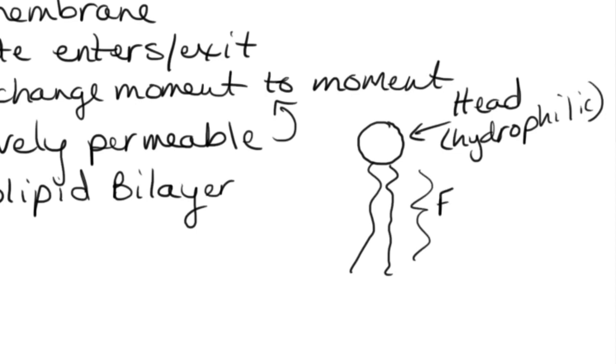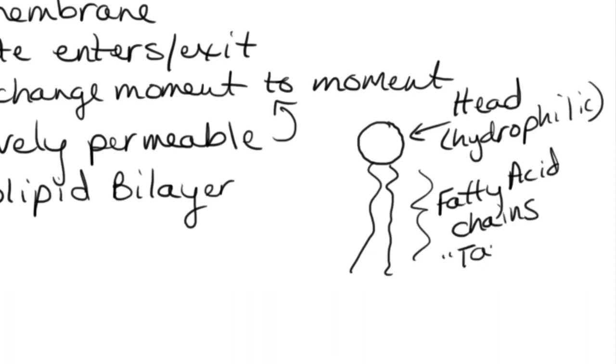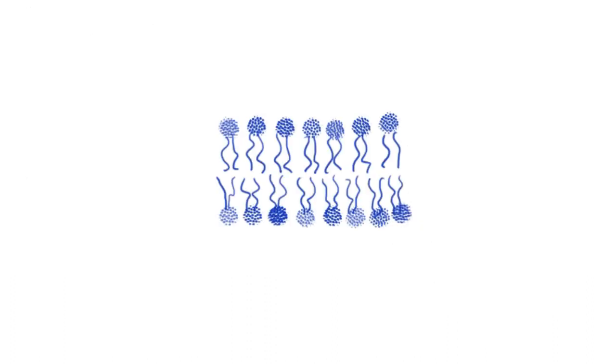Those are fatty acid chains, but commonly we call them the tails, and they are very much hydrophobic. So we have a molecule with two different parts: a hydrophilic end, which loves to be around water, and a hydrophobic end, which does not want to be near water at all.